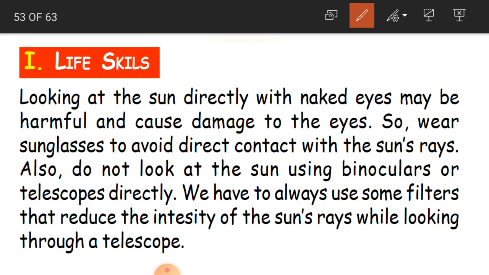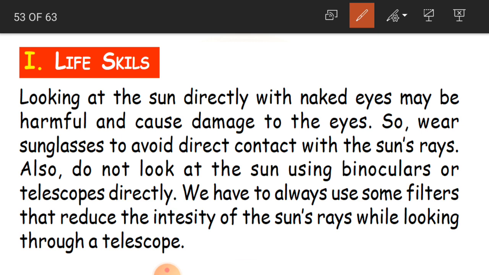Because the sun rays are very bright and sharp, and they are harmful to our eyes. We cannot see them directly because they are going to cause harm to our eyes. So when we want to see the sun, you have to wear sunglasses and then you can see it.